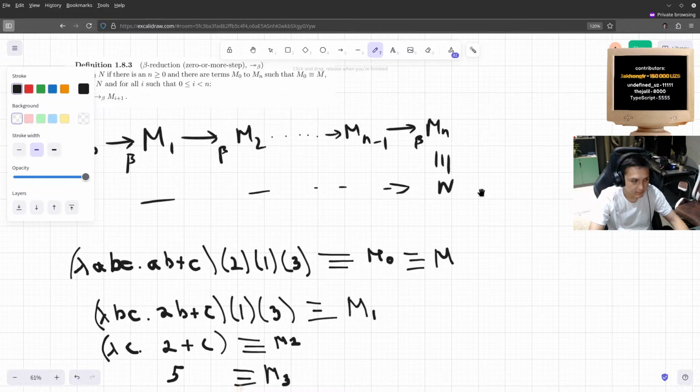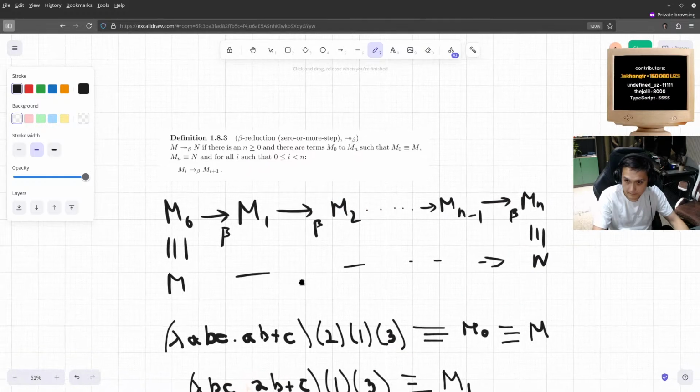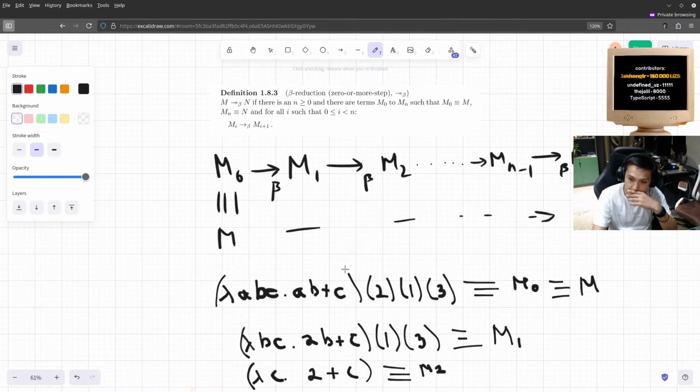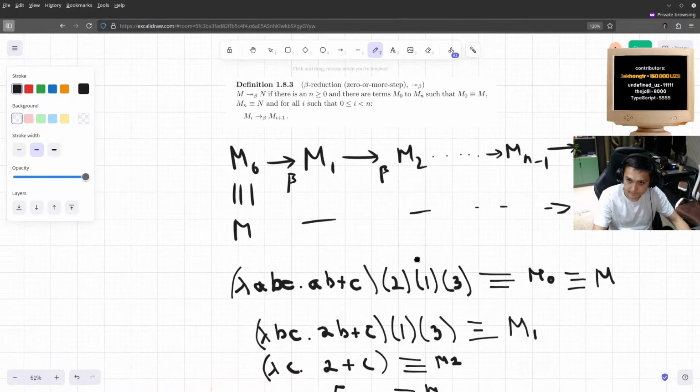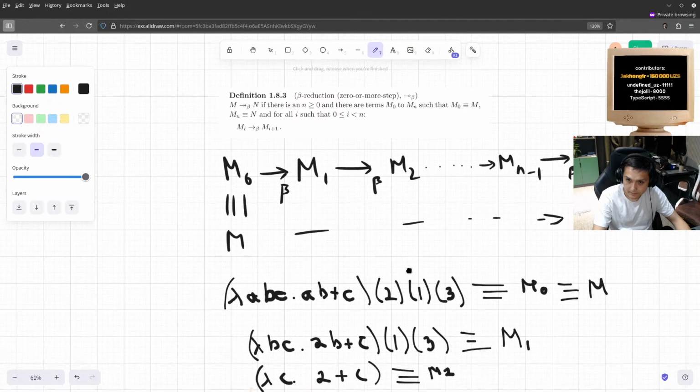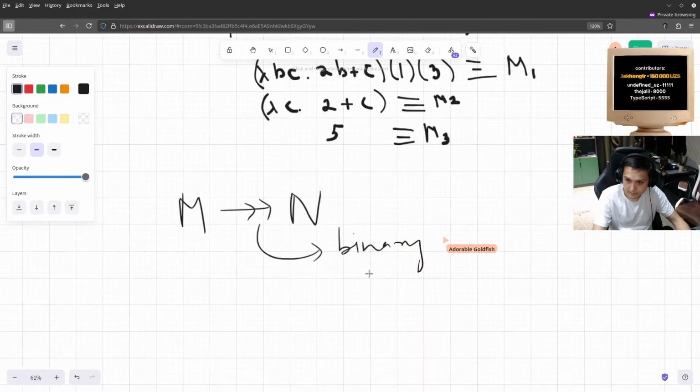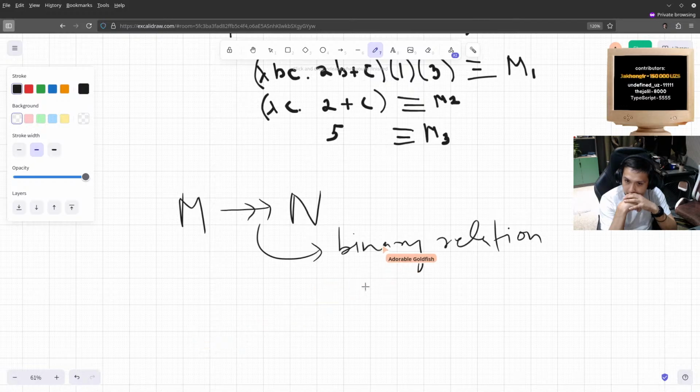So the interesting thing is that you'll ask, if we already had single step reductions, why do we need this chain? We knew what to do in reduction, and we can just do that repeatedly, right? But why this new arrow? So the reason is that we have this new arrow that says that M has a particular relation to N. So this thing is actually a binary relation. And because it's a binary relation, it's going to say that these two things are related in some manner, right? So consider it like an abstraction.